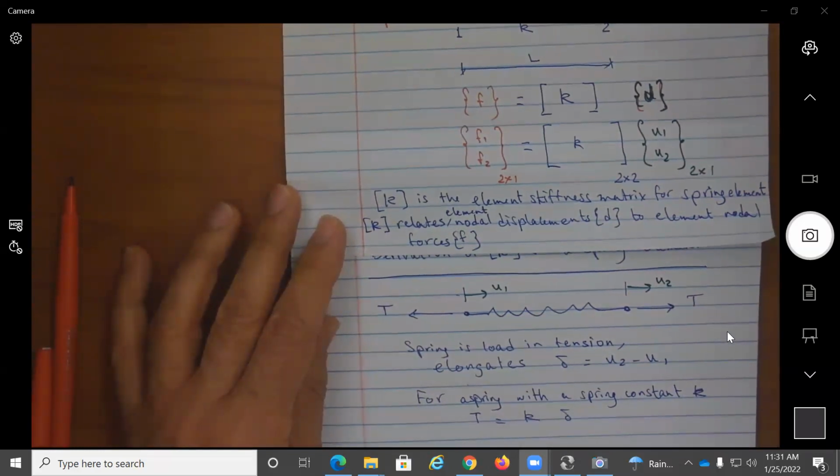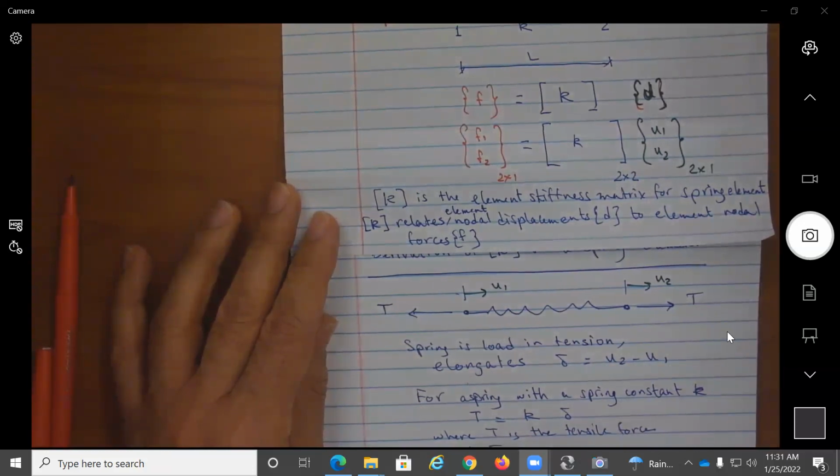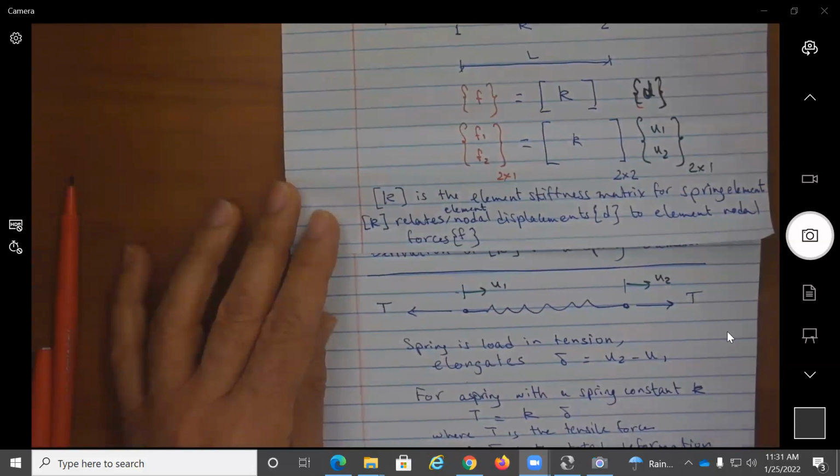So we can say T is equal to K times delta, where T is the tensile force and delta is the total deformation, which is the same as elongation.